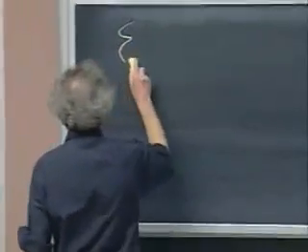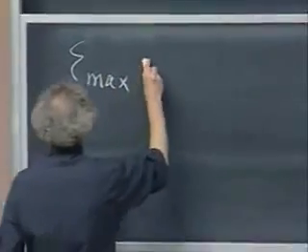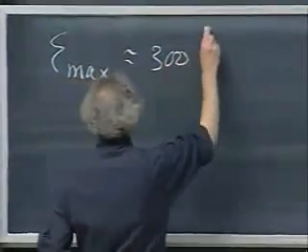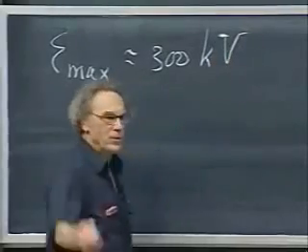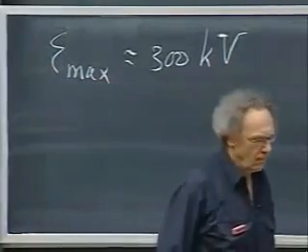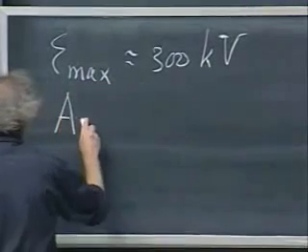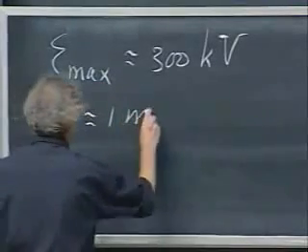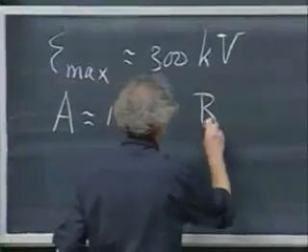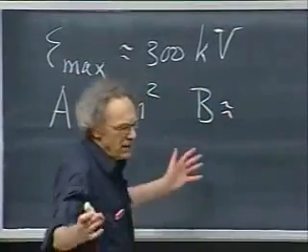So, if we look at a power station, as we discussed earlier in this course, and we want to get some numbers, let's say the maximum EMF that the power station produces is 300 kilovolts, which it puts on the line. And let's say we have loops that have an area of about 1 square meter, and that they use magnetic fields which are, let's say, half a Tesla.